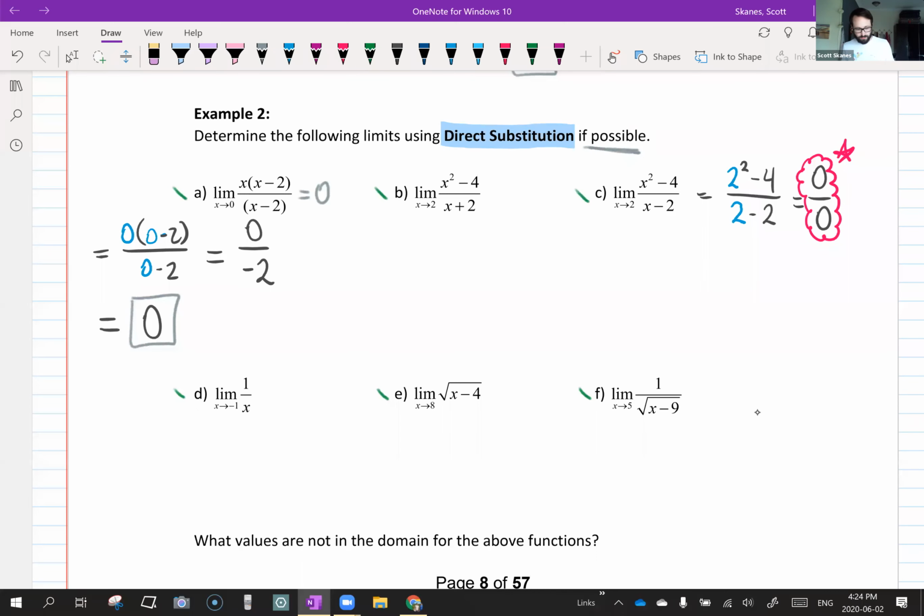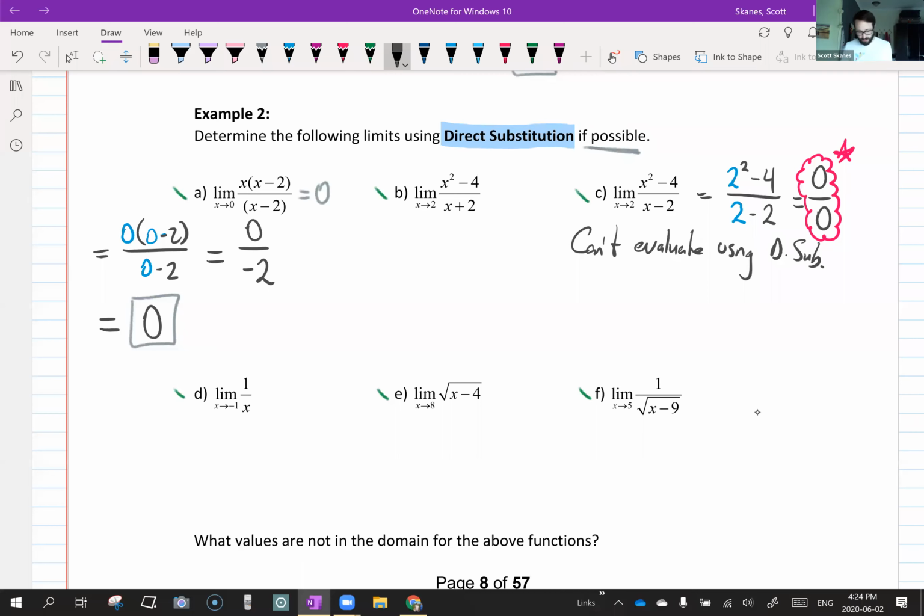Remember there are 2 cases where we have problems: 0 divided by 0 or infinity divided by infinity. There are tools to solve that, and we can do them, but for now we're going to leave it. I'm just going to say we can't evaluate using direct substitution.